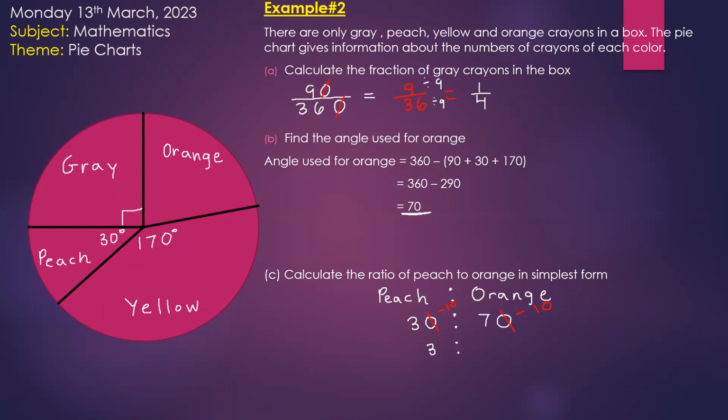Good. Can we go any lower than that? No, sir. Why can't we go any lower? Because nothing goes into 3 and 7. Very good. And by the way, 3 and 7 are prime numbers. So we're left with 3 to 7, which should be your answer.